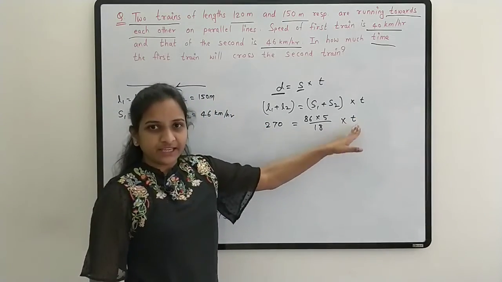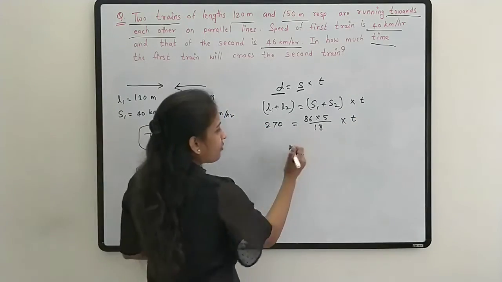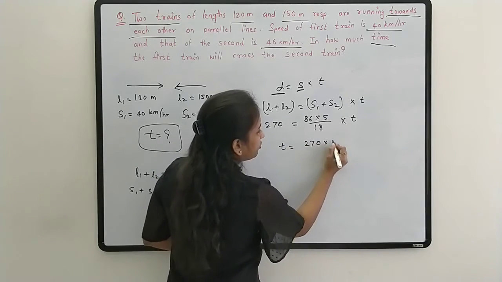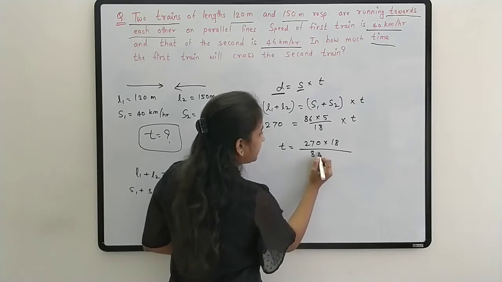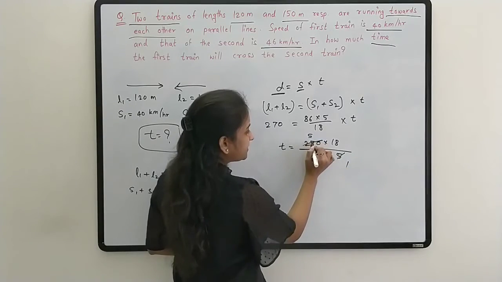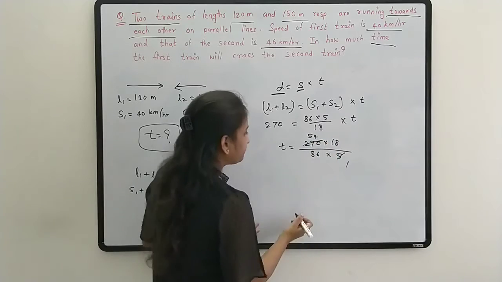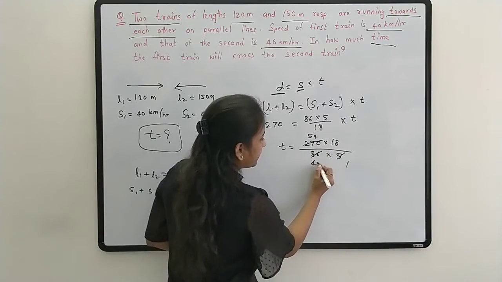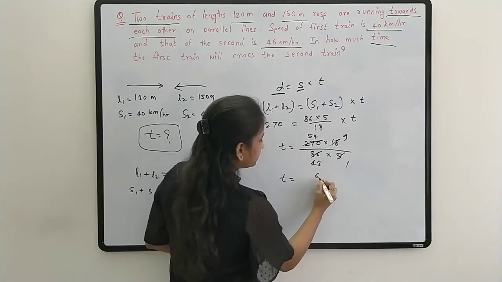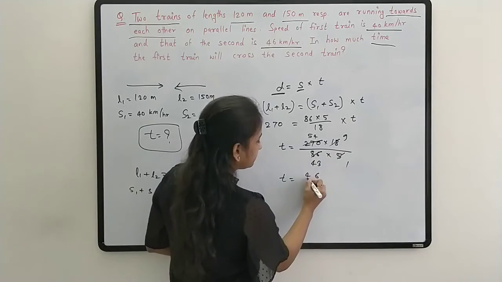Now we'll get T in seconds. Okay, so what is T? Send this to this side. 270 into 18 divided by 86 into 5. So simple mathematics. Okay, now 43 and this is 9. So T is equal to 9 into 18 divided by 43.